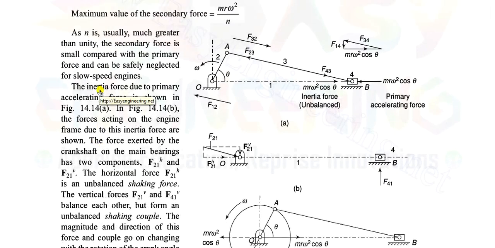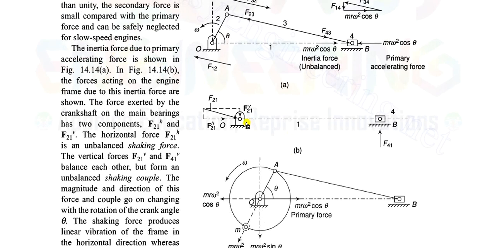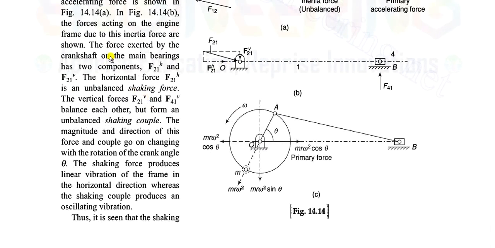I will come here again. The inertia force due to the primary accelerating force is shown in figures A and B. So you have these forces. The force exerted by the crankshaft on the main bearing has two components. So F21 has two components, vertical and horizontal.